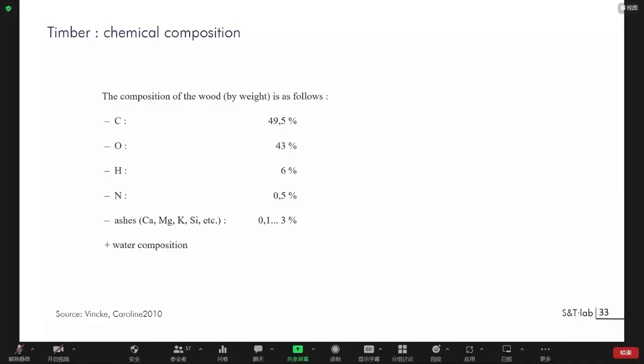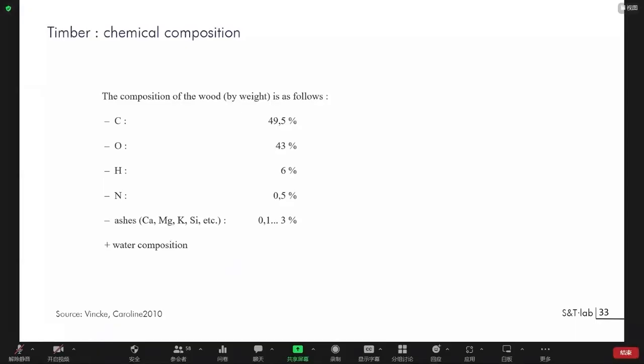From there, going into more detail, you see that timber is composed of carbon, oxygen, and hydrogen with some nitrogen. Carbon, oxygen, and hydrogen translate what will be the constitutive material in timber, with carbon and water, and also explain why you have a molecular anatomy that is close to what we have in other fuel materials.